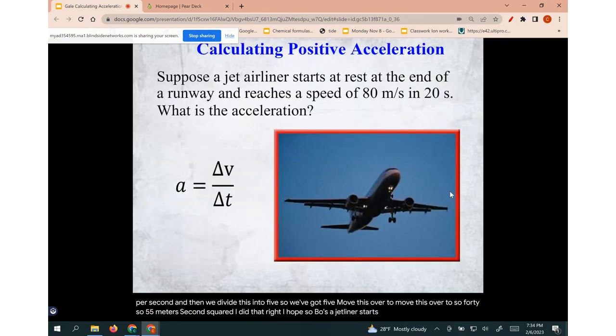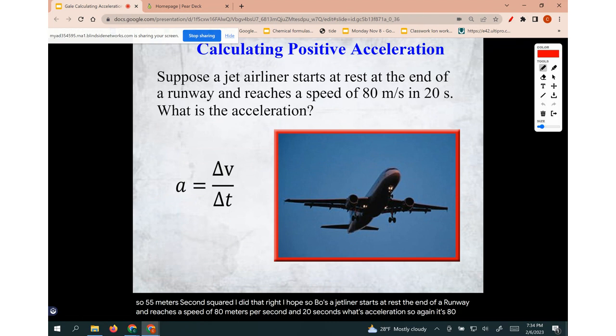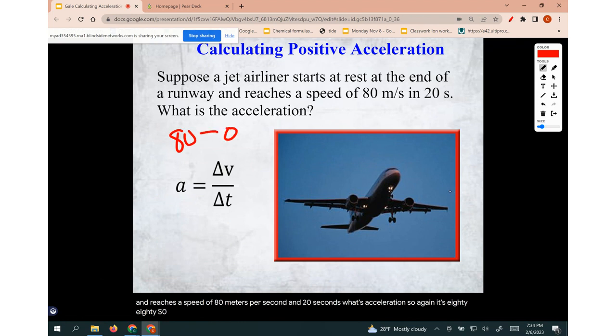Suppose a jetliner starts at rest at the end of a runway and reaches a speed of 80 meters per second in 20 seconds. What's the acceleration? So again, it's 80 minus 0 divided by 20. So this is meters per second.